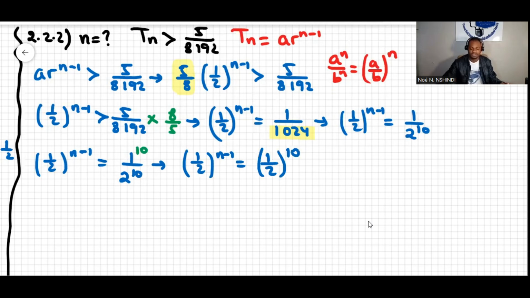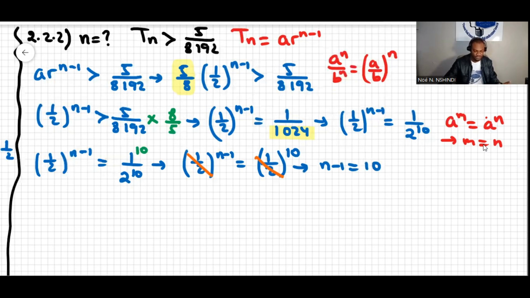Now, another property says when the bases are the same, this implies that the exponents must also be equal. When the bases are the same in an equation like this, a to the m equal to a to the n, this means that m equals n. So over here you can just drop the bases, and we will be left with n minus 1 equal to 10.